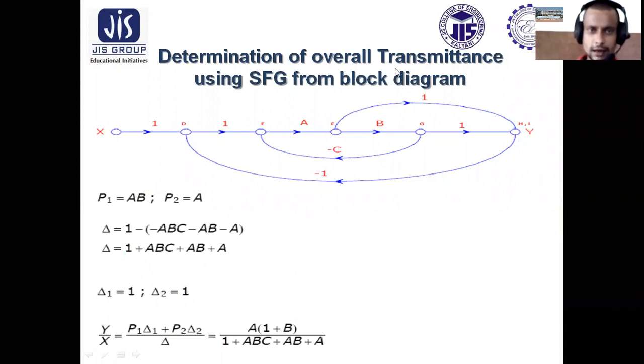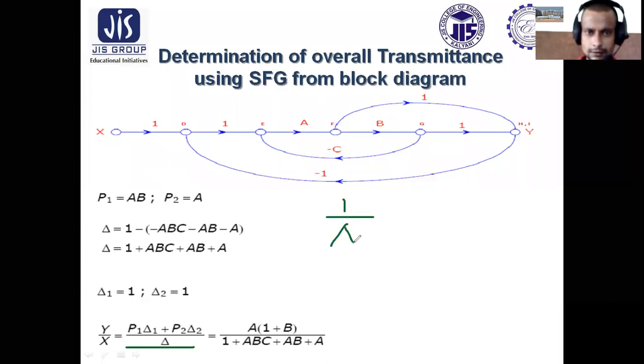As we discussed in the previous class, the formula is 1 by del, summation of k equals 1 to n.